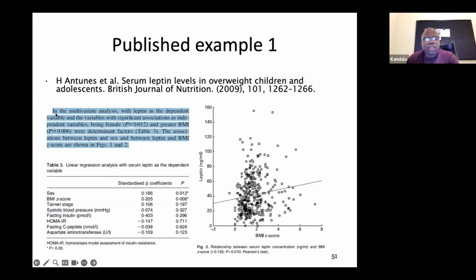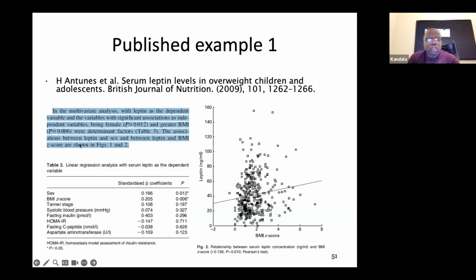We can see here that the author reports that in the multivariate analysis with leptin as the dependent variable, which is clear, and the variables with significant association as independent variables, being female and greater BMI, reporting just the p-values, were determining factors in terms of the association between leptin and these variables.